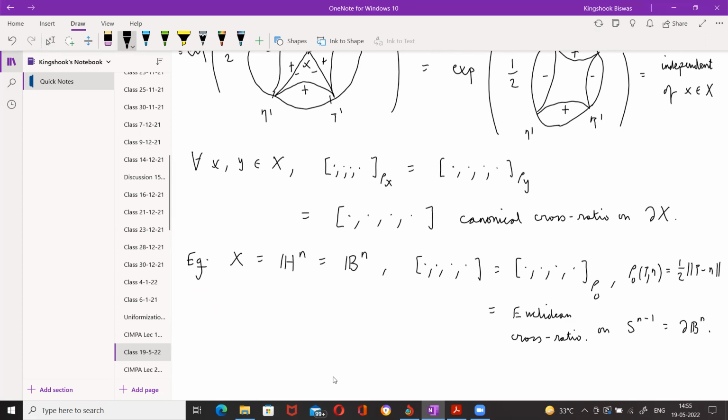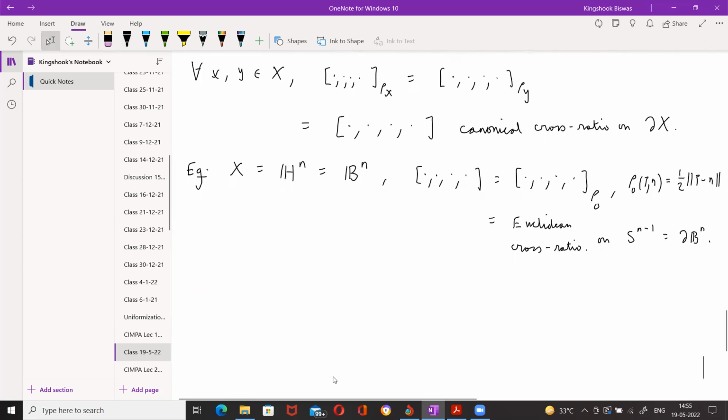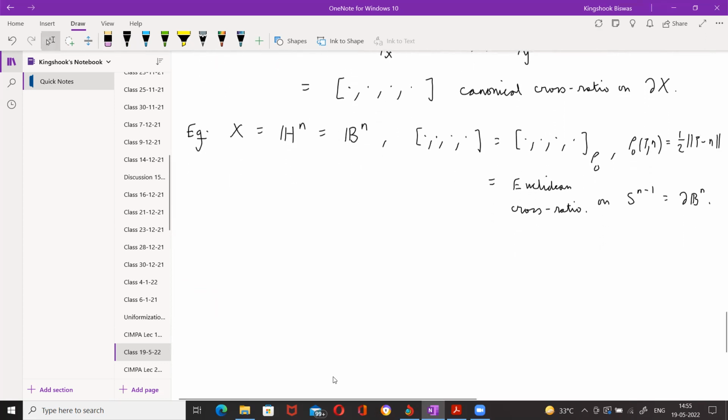Okay. So this cross ratio on the boundary of a CAT(-1) space, you can think of as a generalization of the usual Euclidean cross ratio on S^(n-1). Okay. And so we can define now, like we defined, so we know what are Mobius maps in R^n union infinity. They're maps which preserve the Euclidean cross ratio.